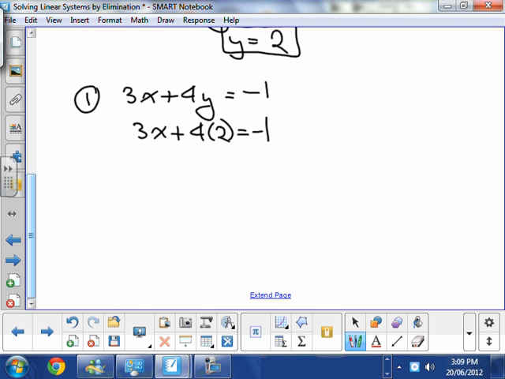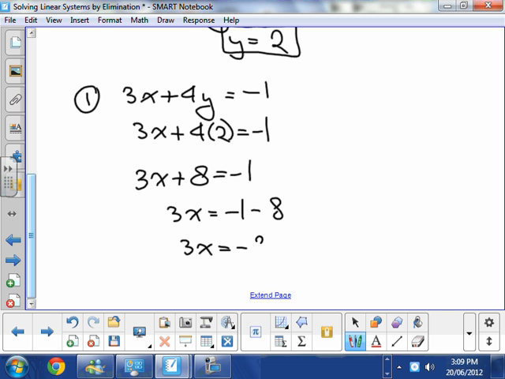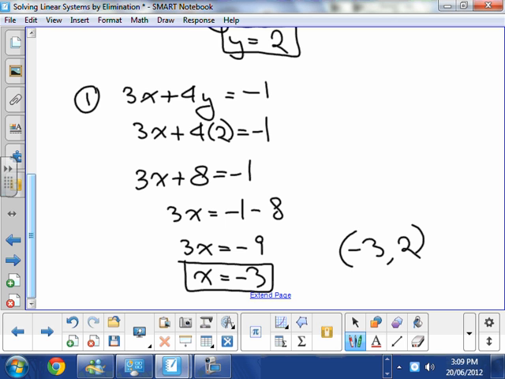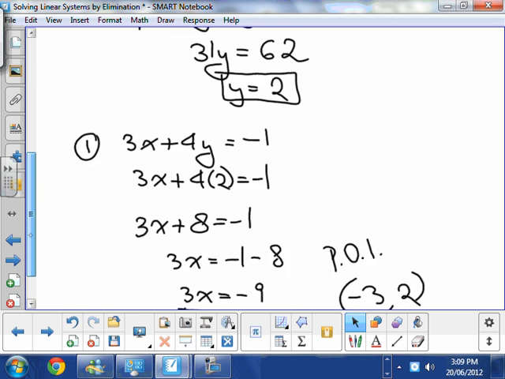So 3x plus 8 equals negative 1. 3x equals negative 1 minus 8. 3x equals negative 9. As a result, x equals negative 3. And therefore, the solution for the given system, or the point of intersection, is negative 3 and 2. Excellent.